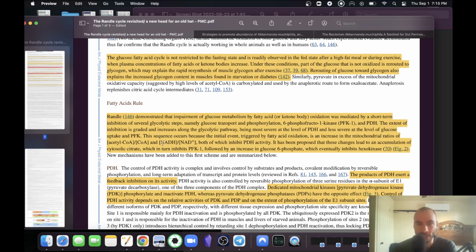So you're seeing a buildup of this NADH in ratio to NAD, and we'll see why that's important in just a second. Both an excess of acetyl-CoA in ratio to CoA and an excess of NADH in ratio to NAD+ inhibit pyruvate dehydrogenase activity. So these are some of the main mechanisms. There are others that we'll talk about here.